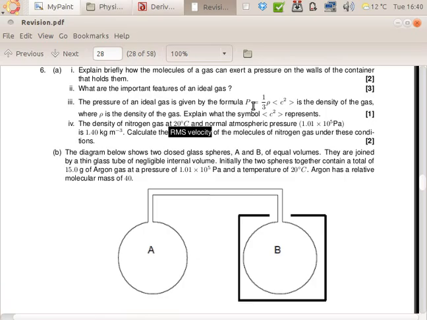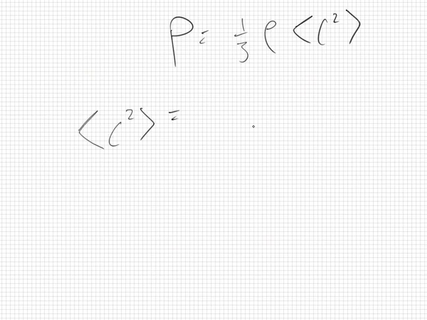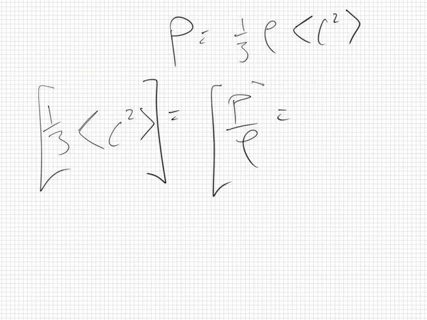So let's just look at the units. So pressure equals 1/3 density, this thing. So this thing equals pressure over density. Now, what was the units for pressure? Newton per meter squared.